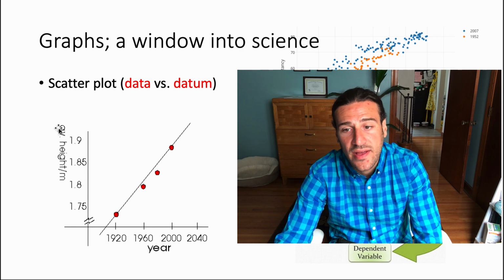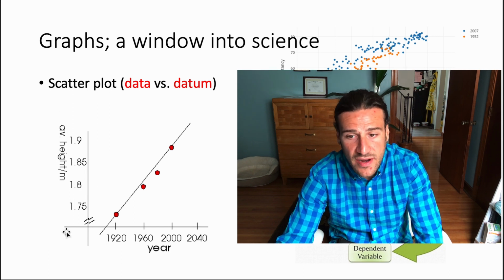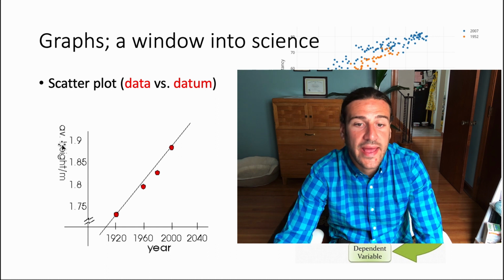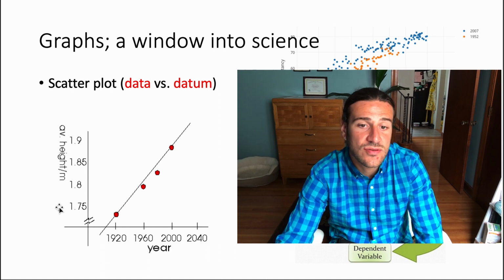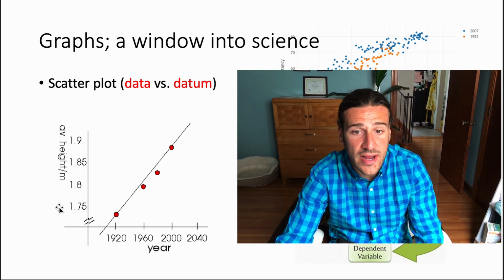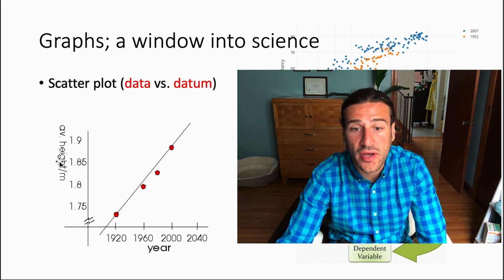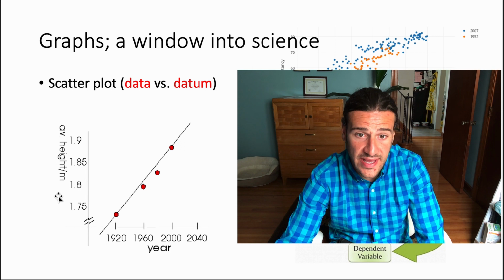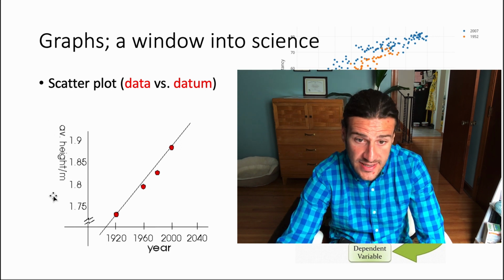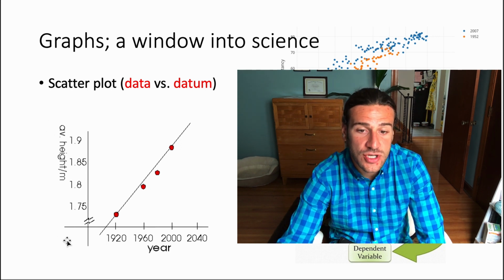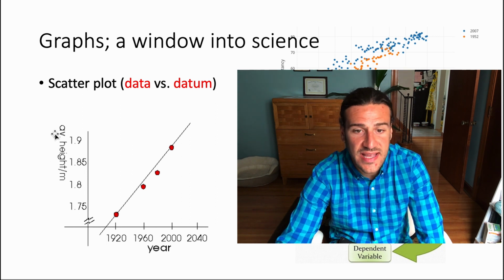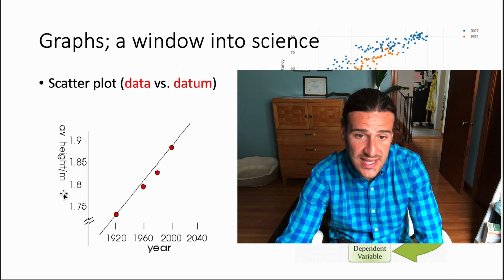So we have the dependent variable, right? And I always tell my students to just look at the figure and say this sentence. You find out what the y-axis is labeled as. So average height as a function of year, right? So say that sentence, complete that sentence.